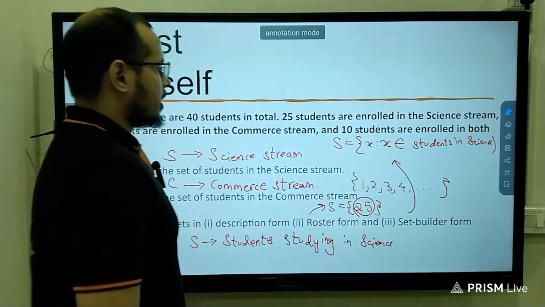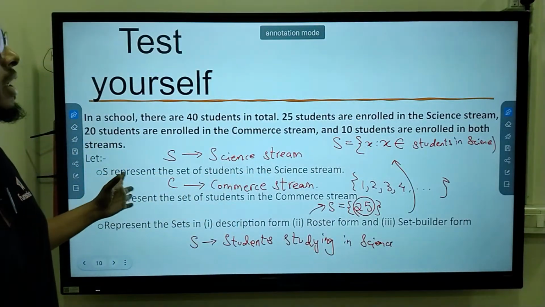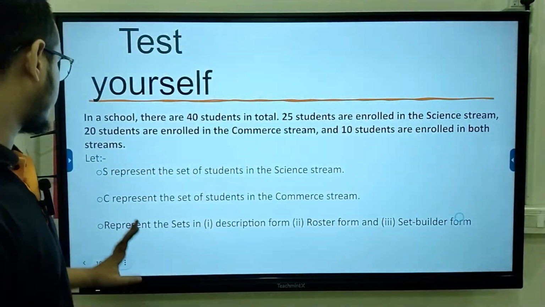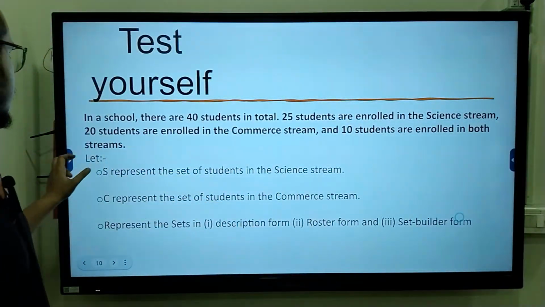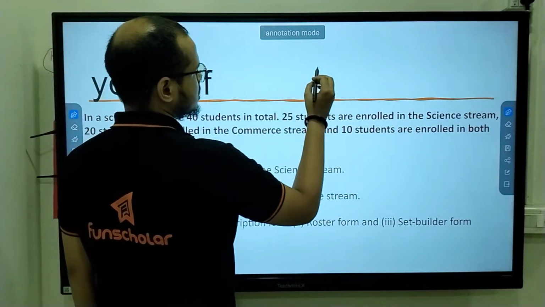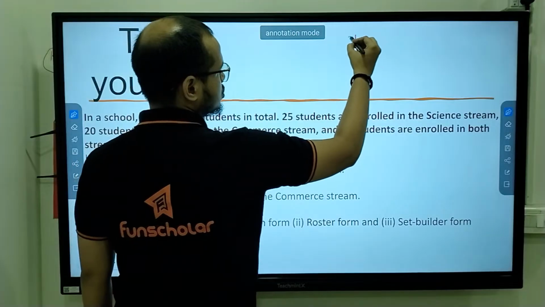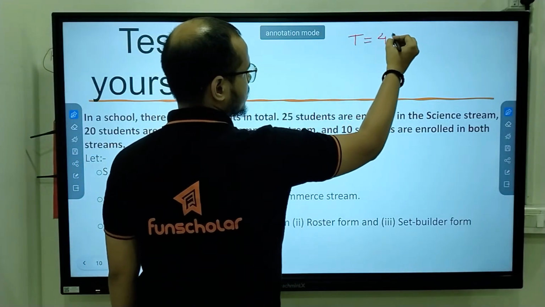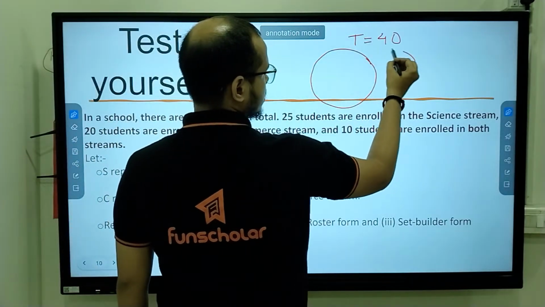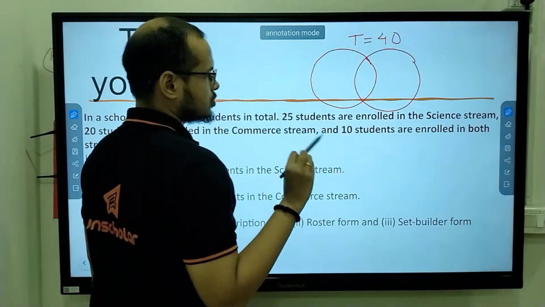See, this particular sum we have to understand using a Venn diagram. Then I'll make you understand using a Venn diagram as well, because this is not the correct representation of this sum. Firstly, in a school, the total students, let me write down, is 40. So I'm drawing a circle, and one more circle. Two circles.